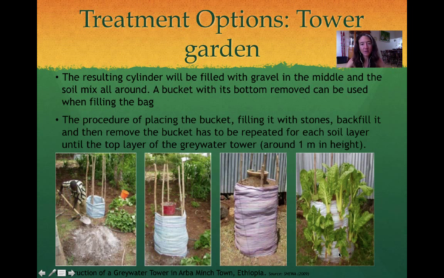In this next image, you can see how it looks when it's fully filled with soil, and you pour the water into the center. The water gets filtered, and it just moves away from the center filtration apparatus into the outer soil, and it waters the plants, where little holes have been poked into the plastic surrounding the tower garden, and the plants, in this case it looks like a lettuce, have been planted right in the side of the tower garden.